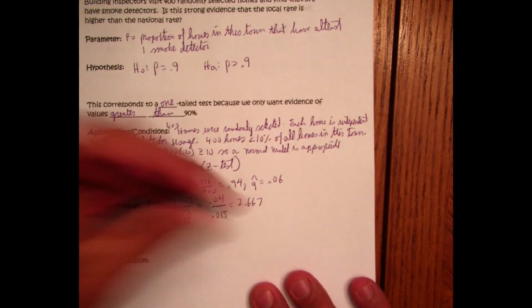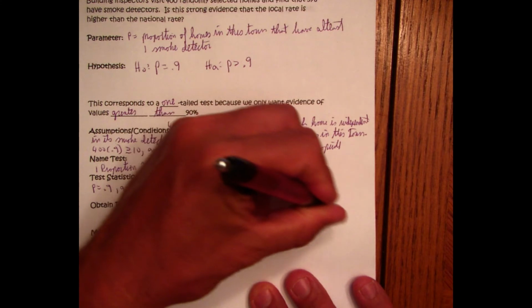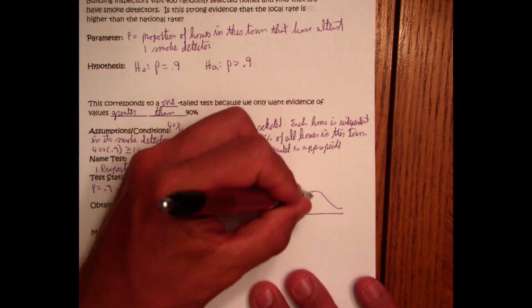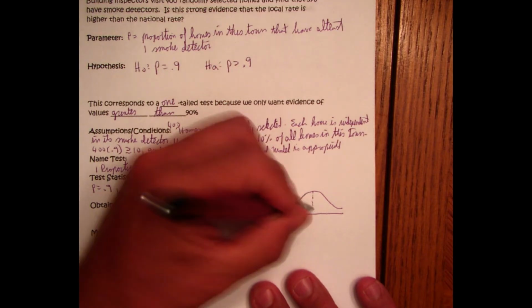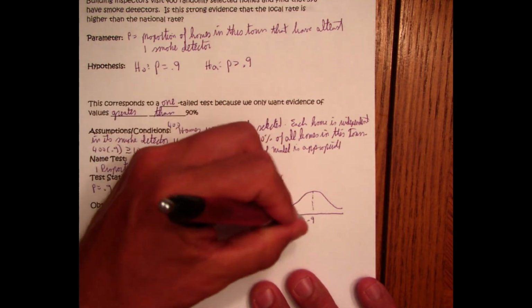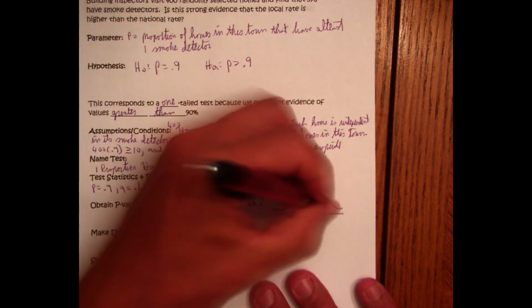Remember, whenever we do a normal model, we draw a picture. So we have a sampling distribution where we think the mean mu sub p is 0.9. It's not a negative, it's 0.9.